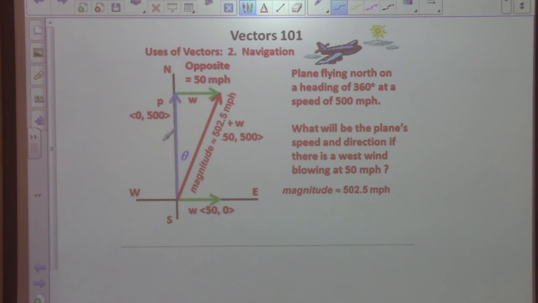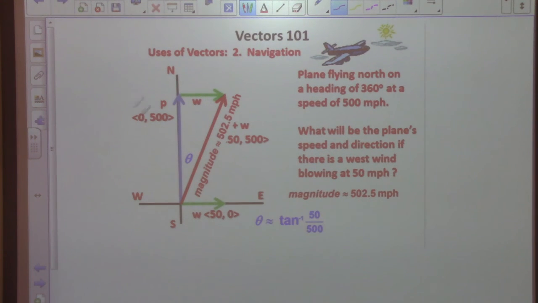And here we have theta. Now remember, in the first example we had theta drawn over here, didn't we? Yeah. But here we have it drawn over here, between the line north and the vector of direction. So to find the direction, we take the inverse tangent of 50 over 500.